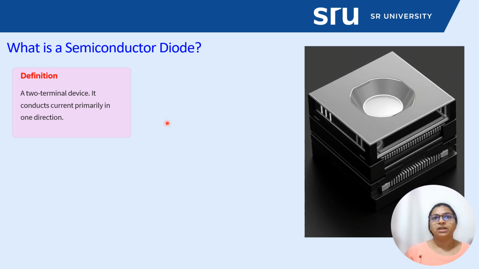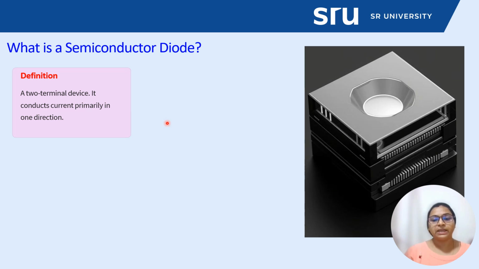So we differentiate n-type and p-type based on their majority charge carriers. In n-type semiconductors, electrons are the majority charge carriers and holes are the minority carriers. In the case of p-type, holes are the majority carriers and electrons are the minority carriers.